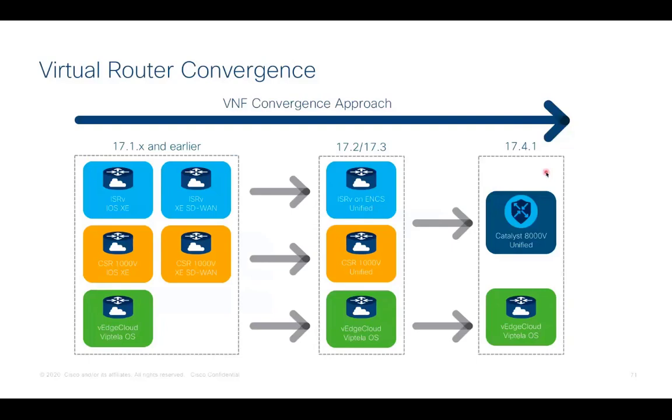And now with 17.4 XE onwards, we will unify all the ISRv and CSR 1000V feature functionality into a single Catalyst 8000V image. In that way, customers can deploy a single virtual router, Catalyst 8000V, that addresses cloud, co-location, on-prem, and virtual branch use cases.